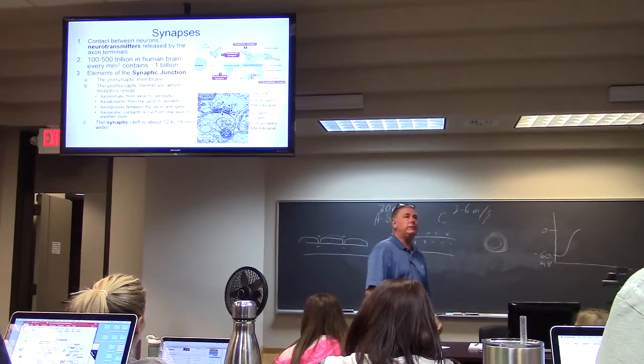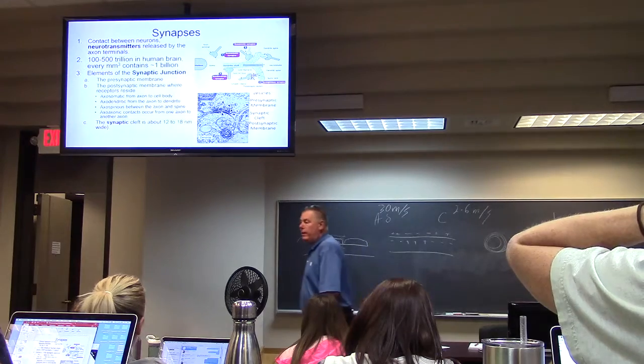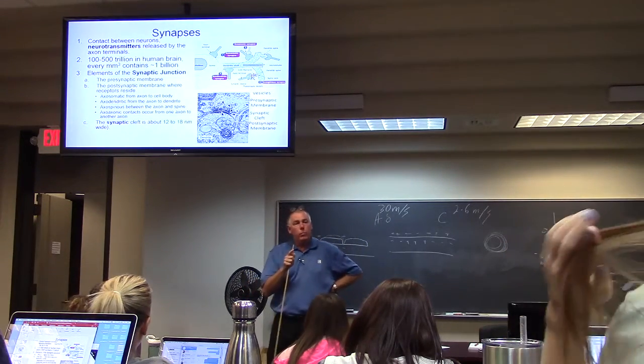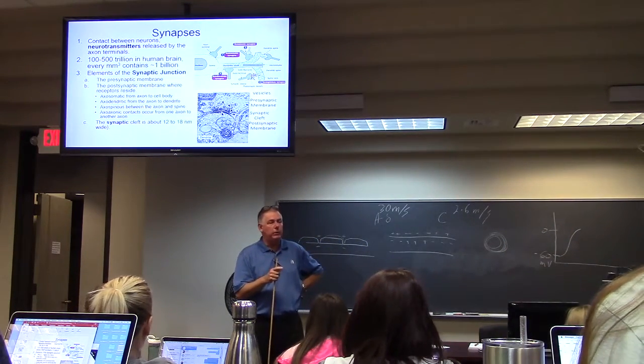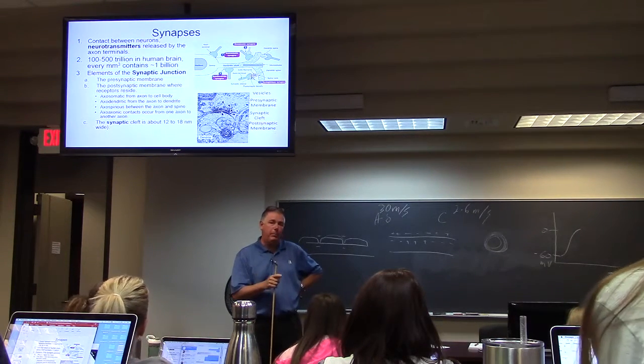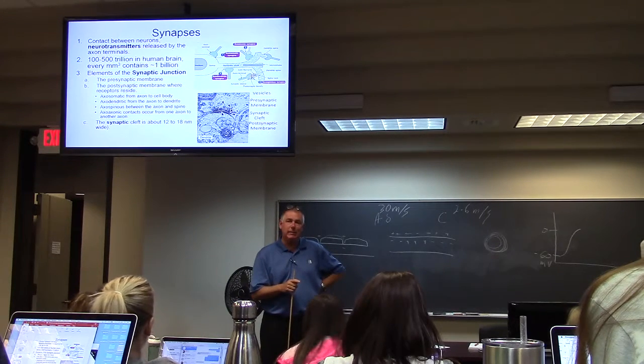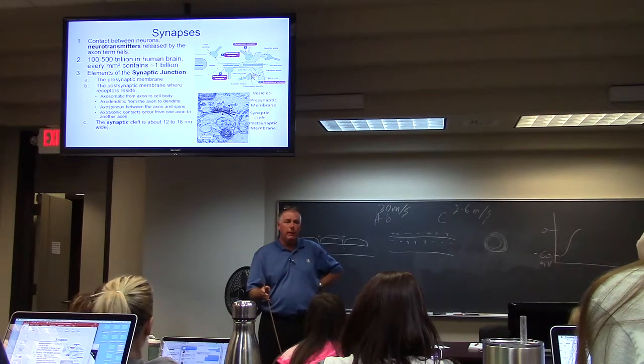All right, let's look at synapses. Here's the thing. Nobody realized what a synapse was, or that it was an actual gap between neurons, until about the 1960s. Did you know that? That's amazing.